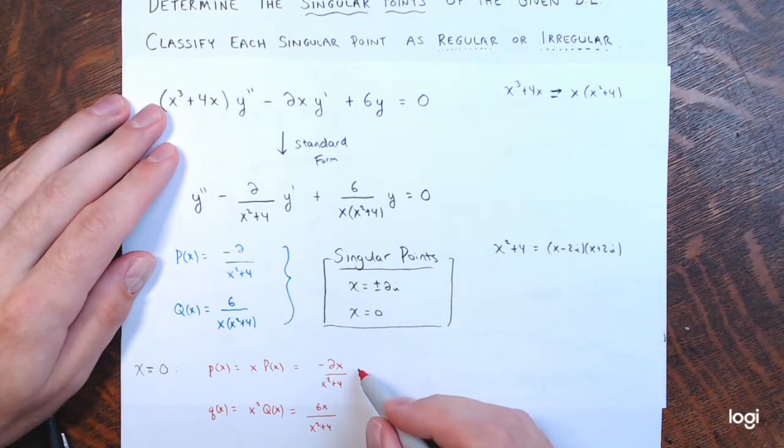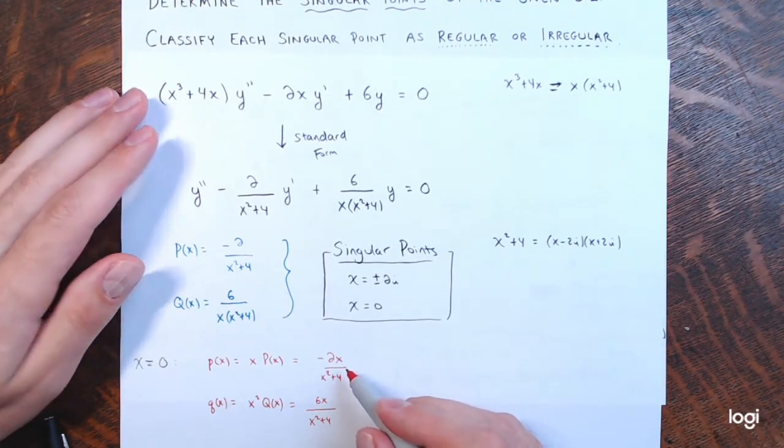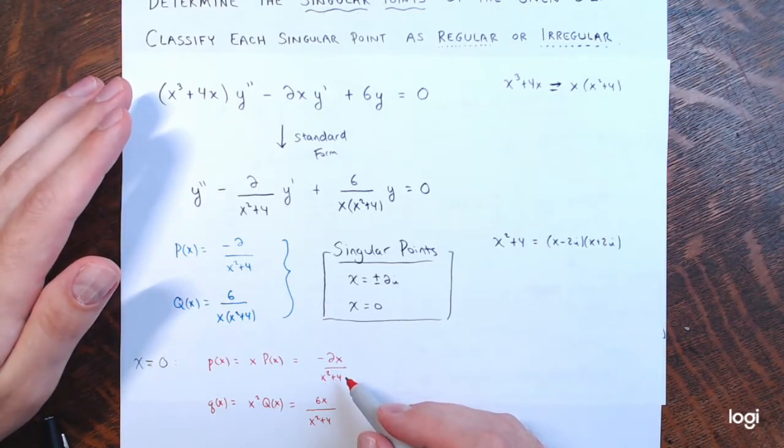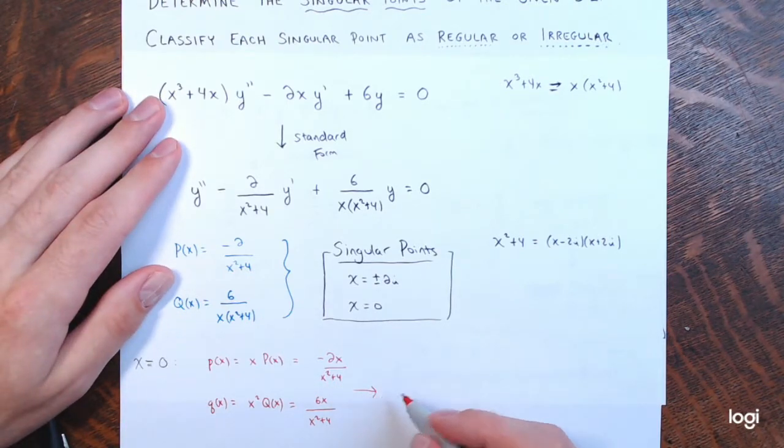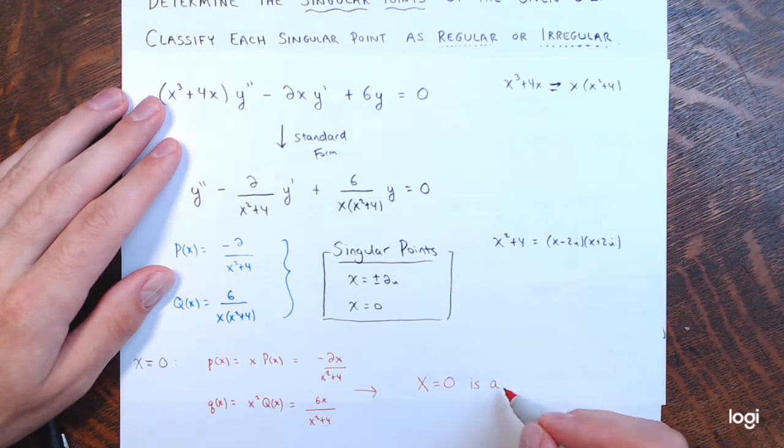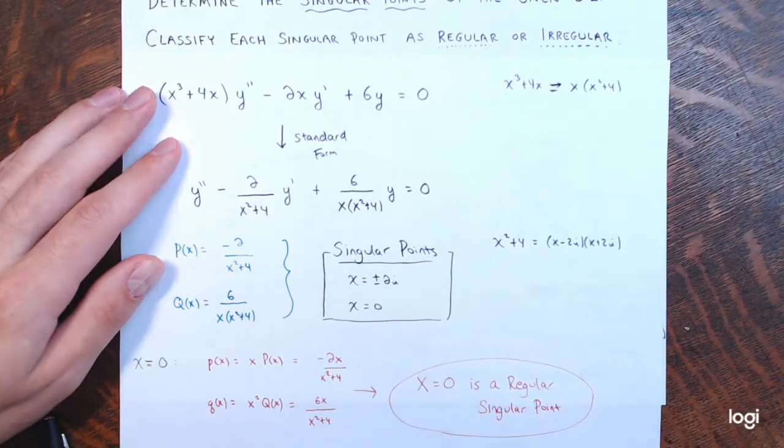And both of these are defined at x equals 0, and being rational functions, they therefore be analytic at x equals 0. So this tells me that x equals 0 is a regular singular point. Alright, so that's x equals 0.